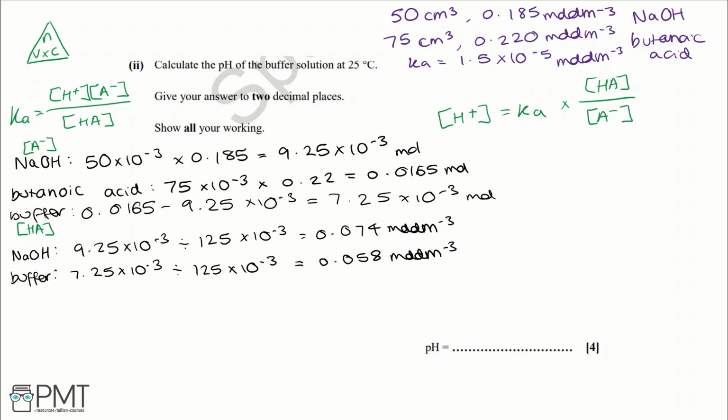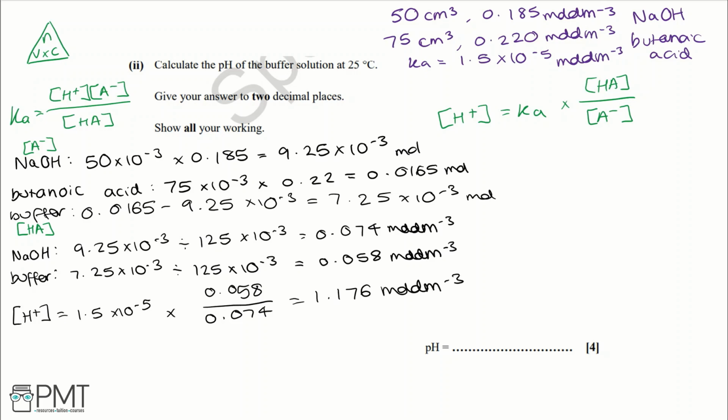So plugging in our values, the concentration of H plus is equal to 1.5 times 10 to the negative 5 multiplied by 0.058 divided by 0.074, and that equals 1.176 moles per decimeter cubed.